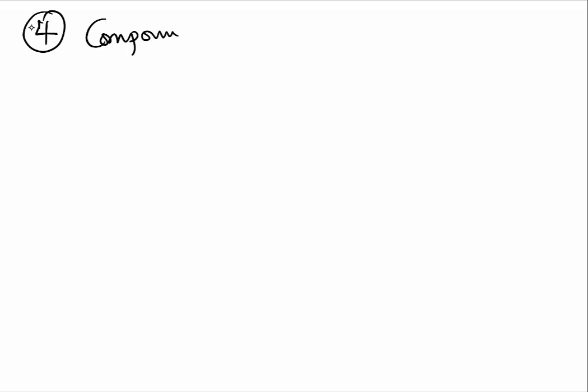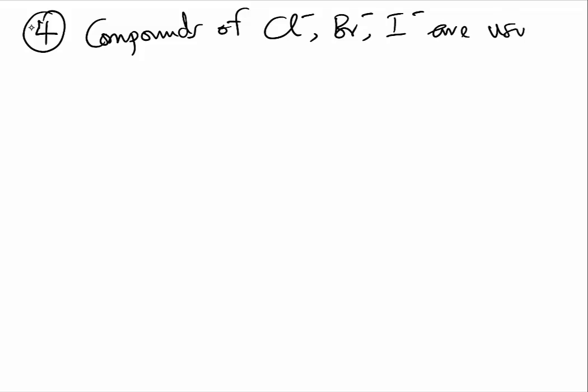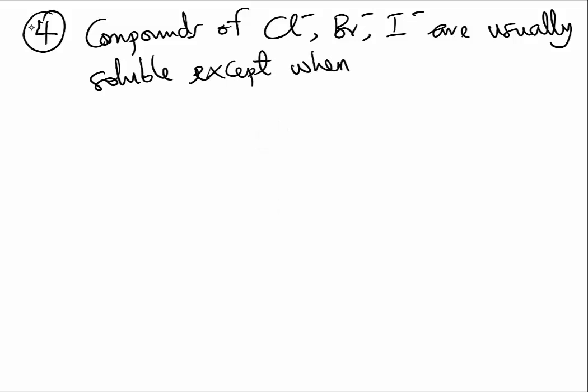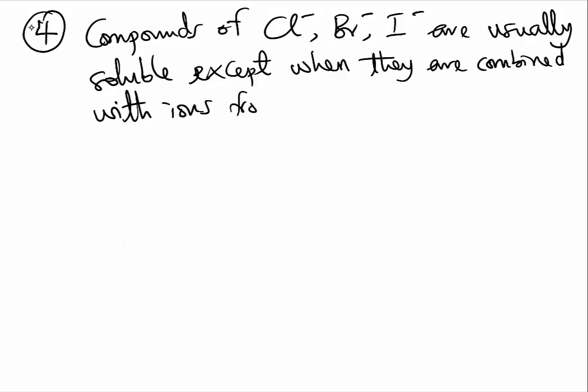Let us now move on to rule number 4. Compounds of chloride ions, bromide ions, iodide ions are usually, and the key word here is the word usually, soluble except when they are combined with ions from rule number 3 above.